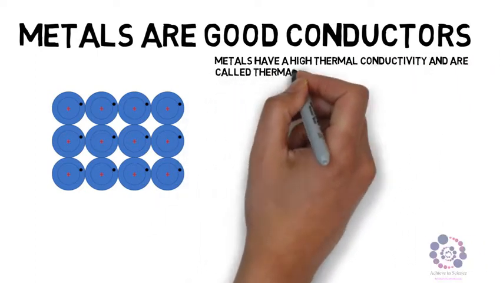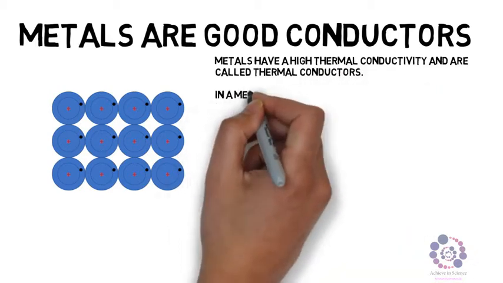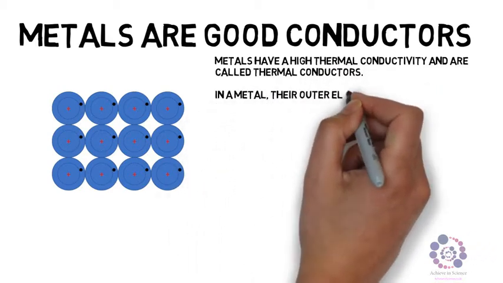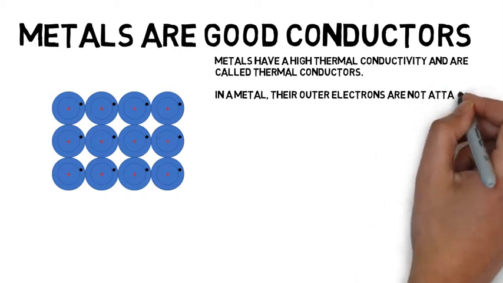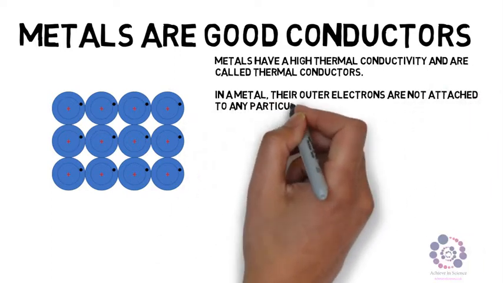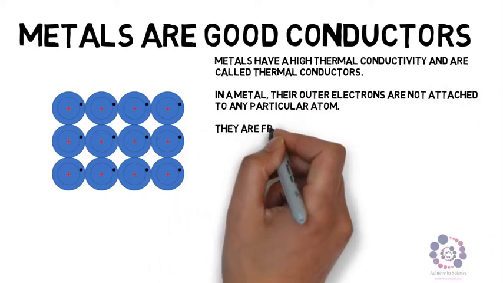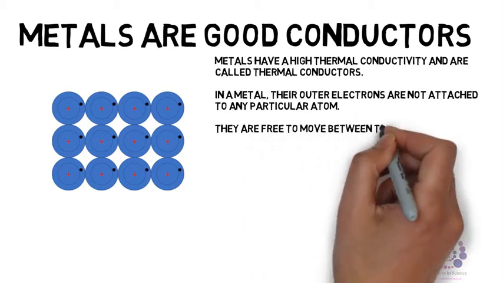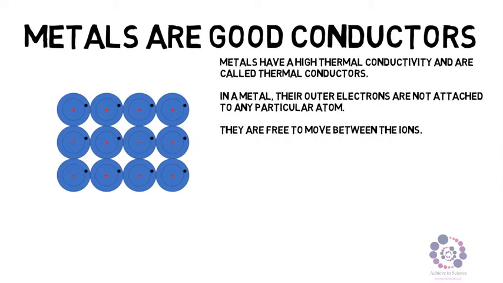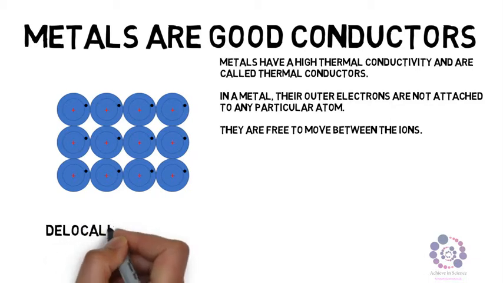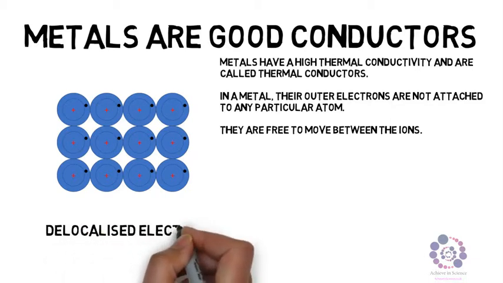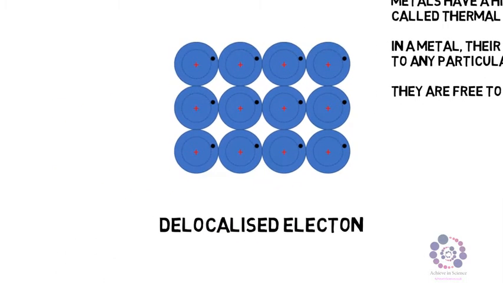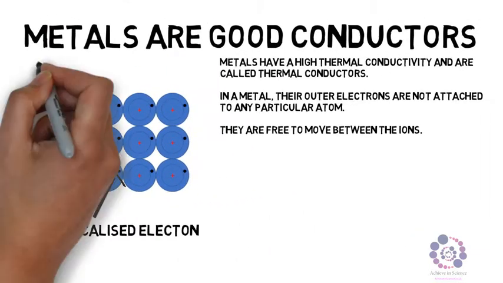Why is this then? Well, in a metal, their outer electrons are not attached to any particular atom. Therefore, these electrons are able to move between the ions. These electrons are called delocalized electrons and are shown on the diagram. Because these electrons have left the atom, what is left behind is a positive ion.